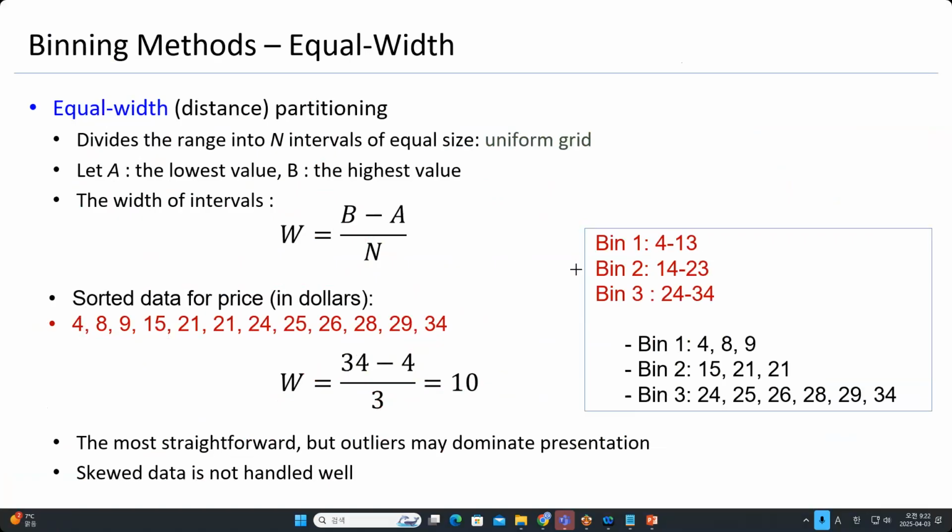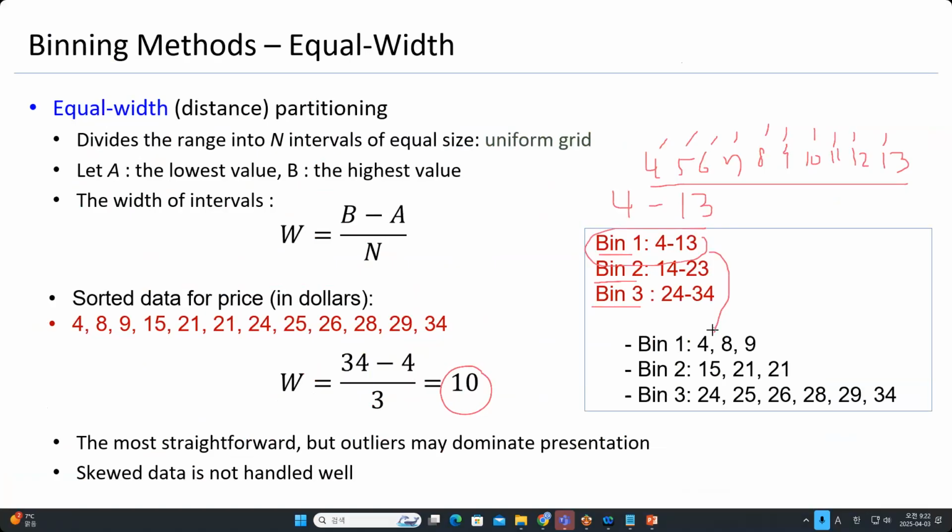So let's say we have pin 1, pin 2, and pin 3. We calculate for pin 1 from 4 until 13. We have 4, 5, 6, 7, 8, 9, 10, 11, 12, and so on, so we have 10 data. If the value is in between this range, we put it in pin 1.